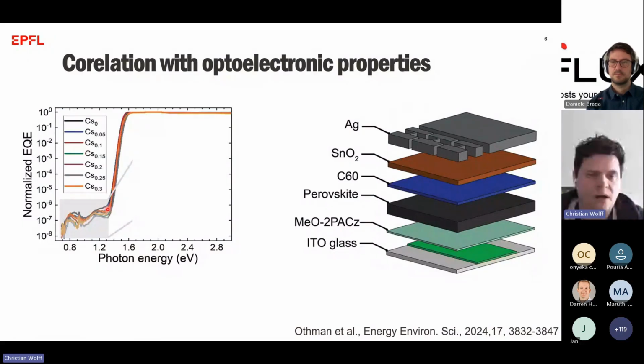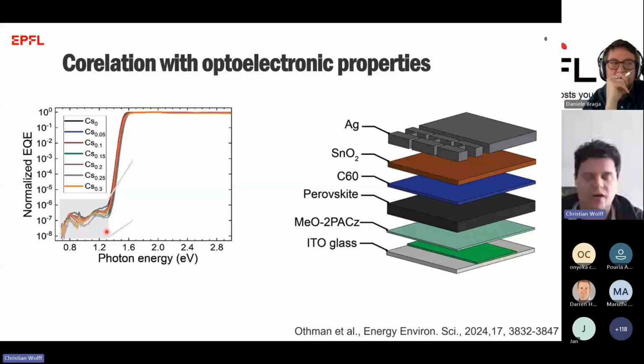The reason for these two bumps is a different one, so it's not like we have localized energetic states that create one particular defect state at 0.8 electron volts and one at 1.2 electron volts relative to the valence band in that case. But this is an optical effect.